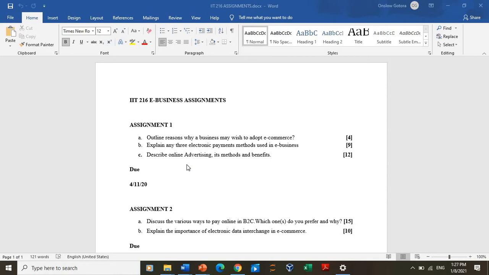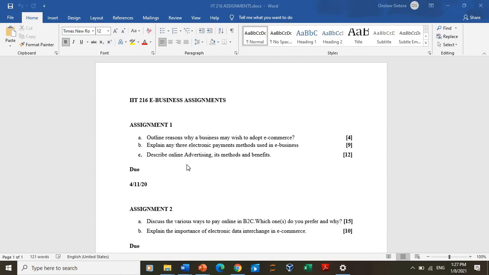We can talk of spamming, emails, social media adverts, pop-ups, a number of them. I'm sure a number of you got it well, and you're going to exchange your assignments. So make sure you find somebody who got a better mark and exchange the assignment so that you understand more on these methods.